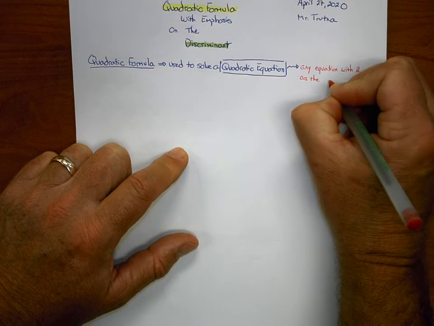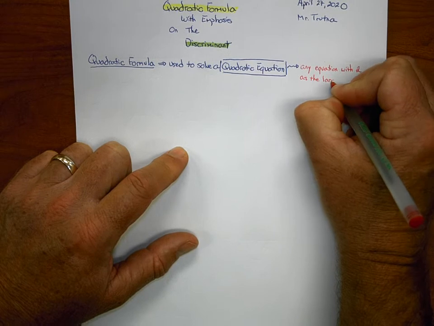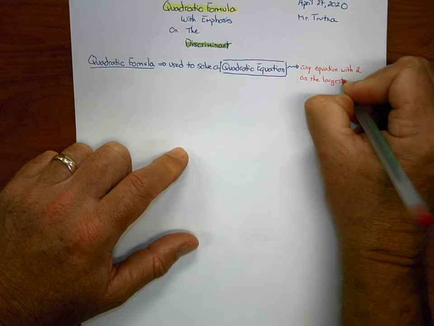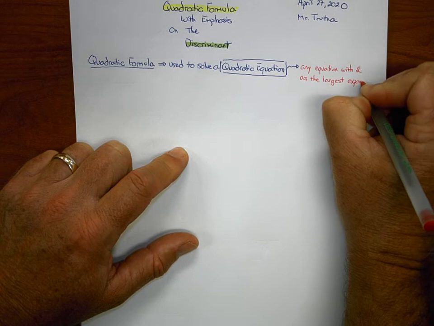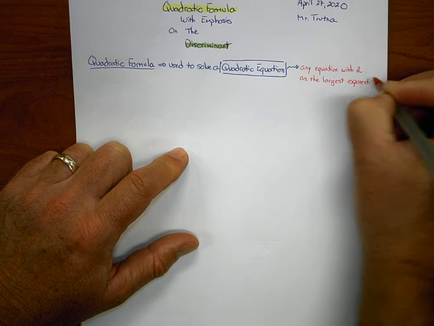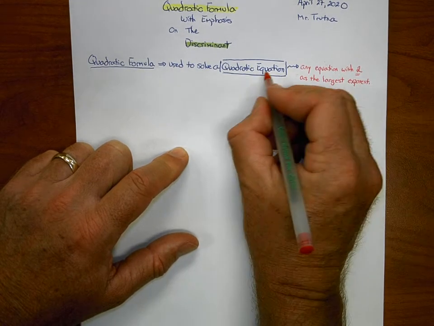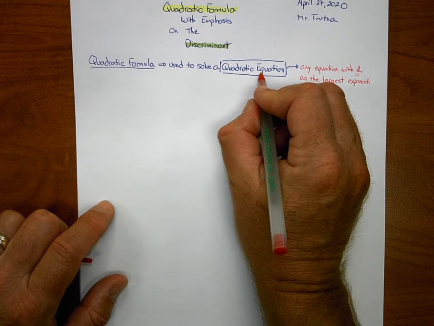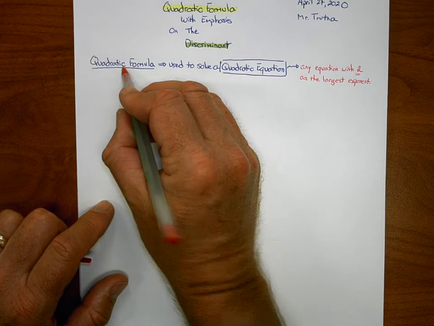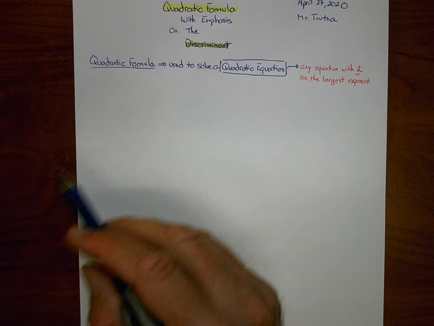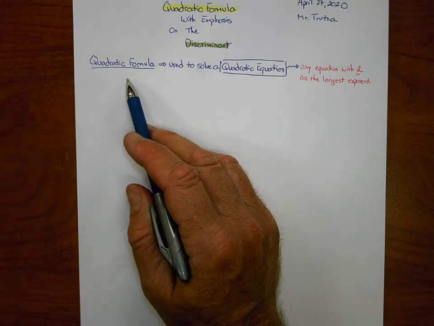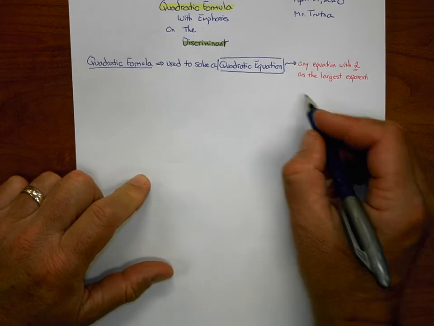So if you see any equation where the largest exponent is 2, that is known as a quadratic equation. The quadratic formula is a strategy that lets you solve quadratic equations.